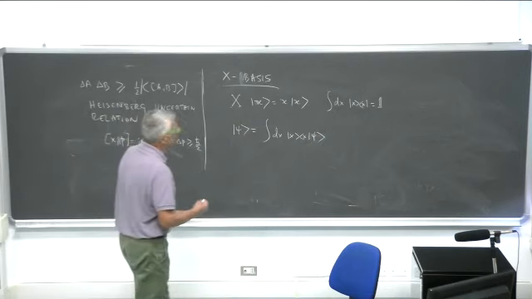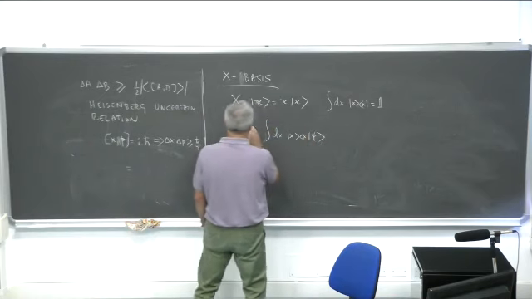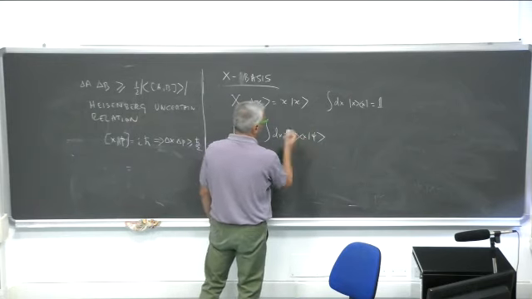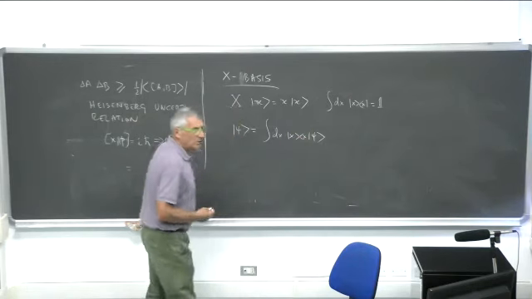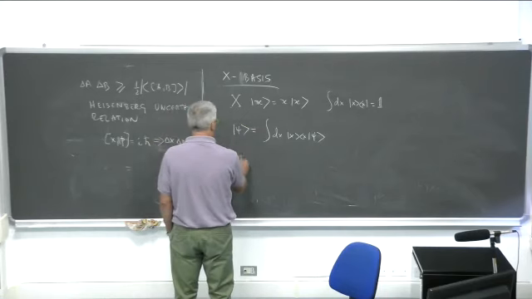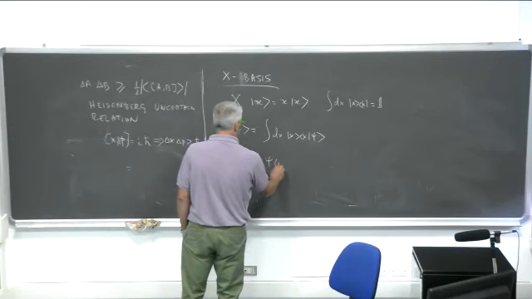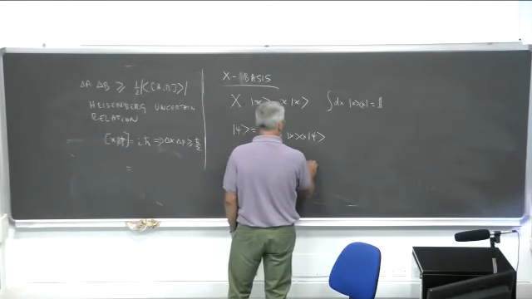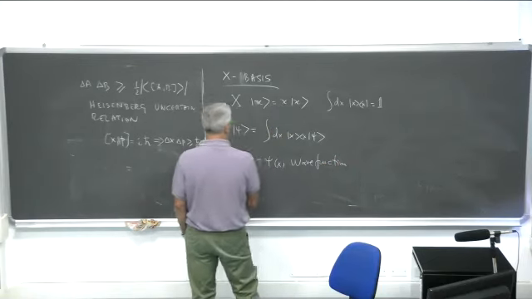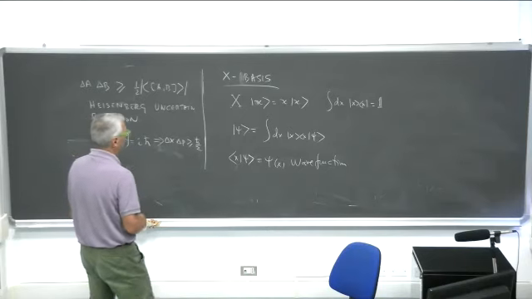So this is the component of the abstract vector psi on the direction x, on this basis x, right? And this is what we call usually the wave function, right? <x|psi> is what one calls the wave function. Function of x, complex function of space, the space coordinate.